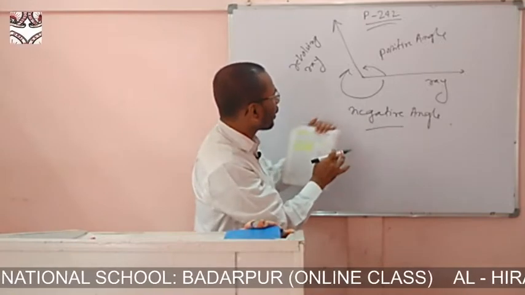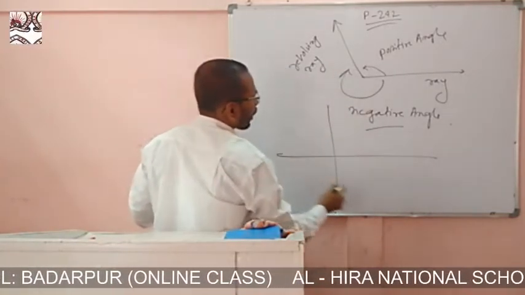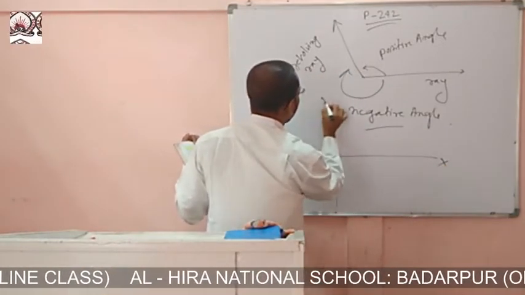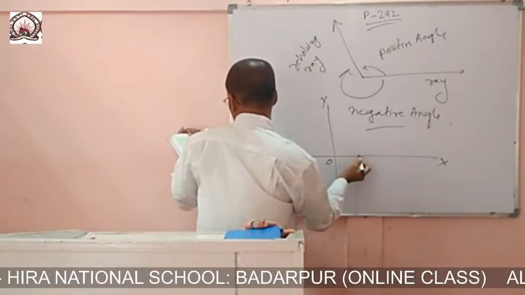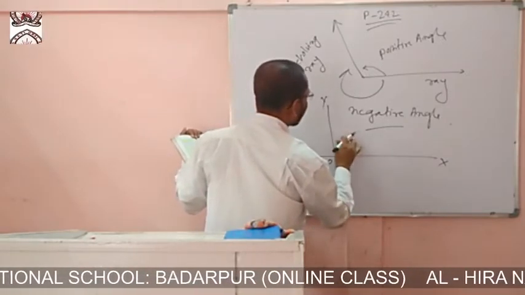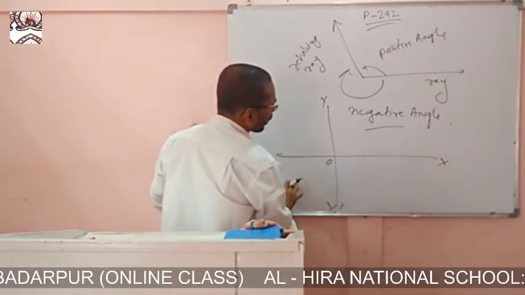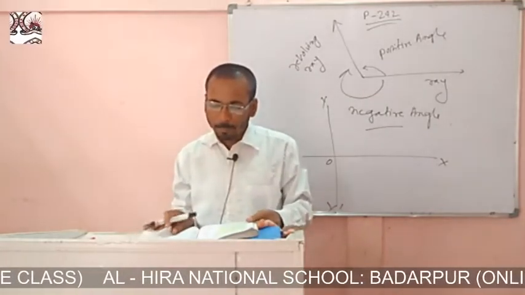In Cartesian coordinates X O X dash and Y O Y dash, if it rotates, then in this first quadrant, and it will be second quadrant, this is third quadrant, this is fourth quadrant.